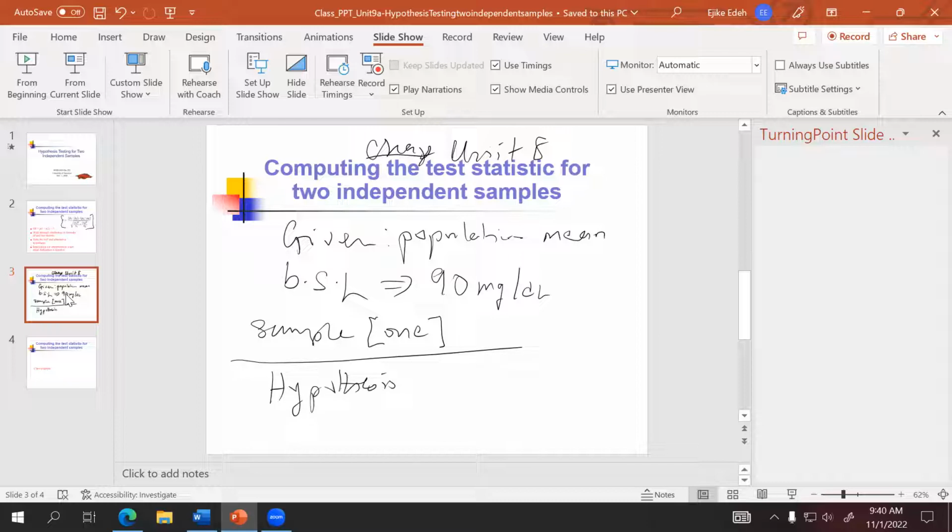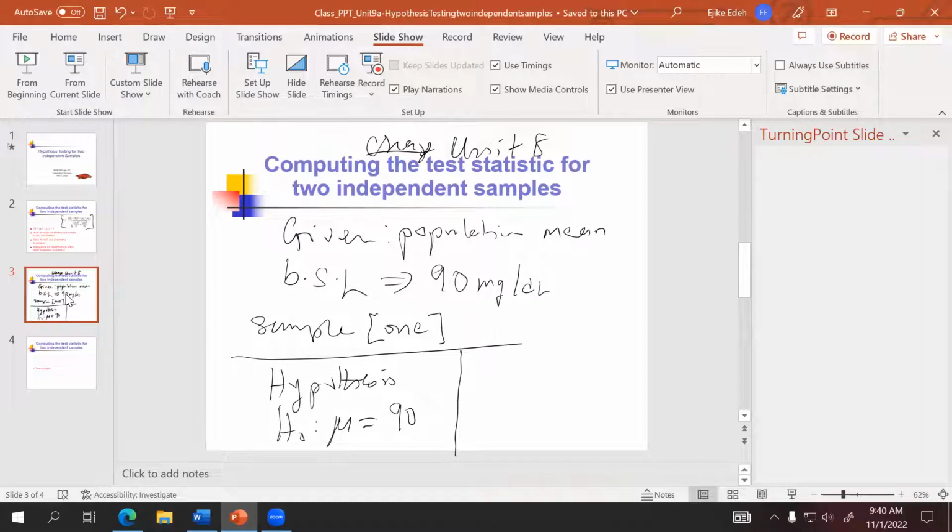Okay. So here, let's say this individual is stating that the null is that in the population, the average blood sugar level should be 90 milligrams per deciliter. You want to dispute this claim from 3 angles.